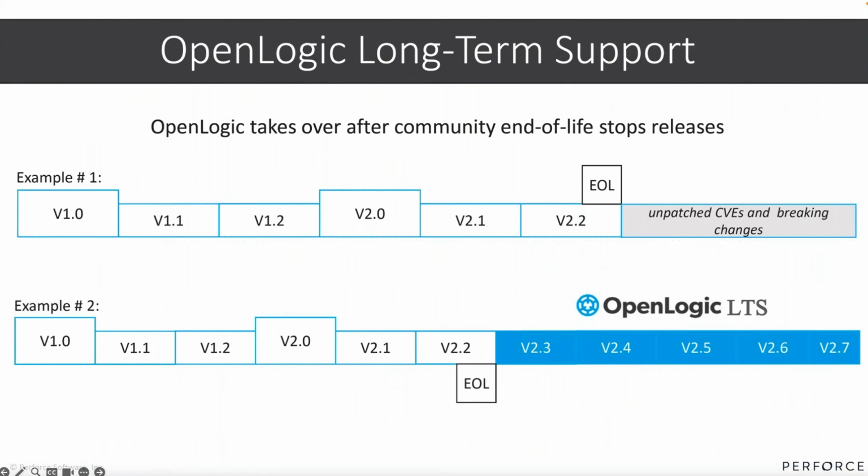And one more very important thing is what we call long-term support from OpenLogic. Some open source projects may die down or have a new version, so the old version will be end of life. One of the very common headaches in open source is CentOS, for which we do have a very high penetration rate on CentOS 7.